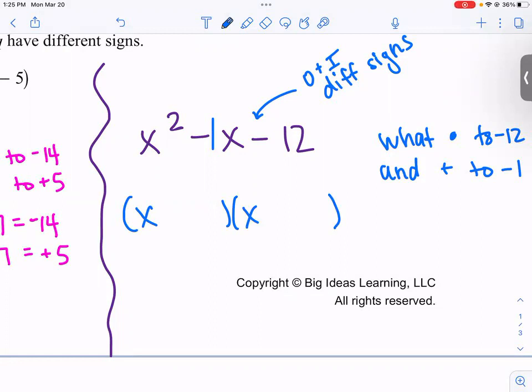Numbers that multiply to 12: 1 and 12, 2 and 6, 3 and 4. We know that 3 times 4 is 12. If I'm going to add those to equal -1, which one needs to be negative? The bigger number needs to be negative since our answer is negative. So +3.